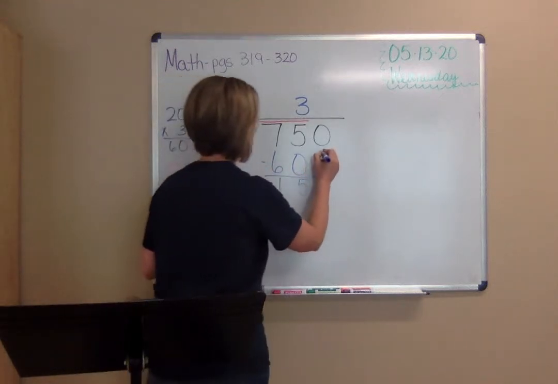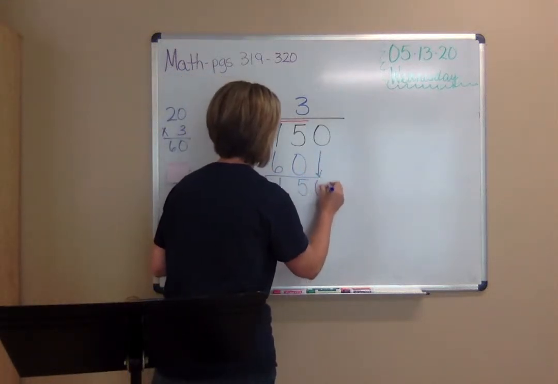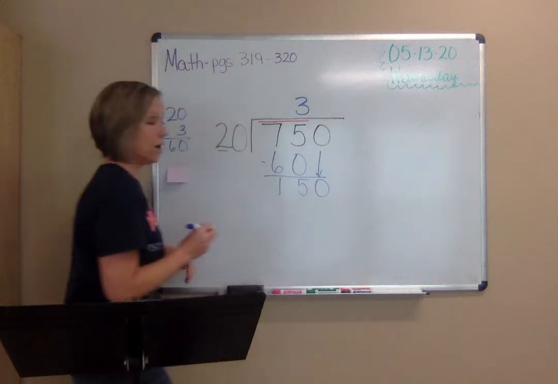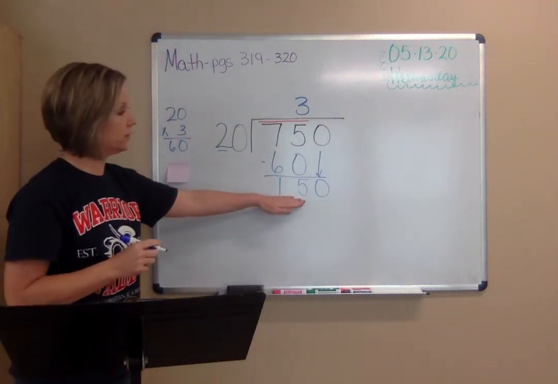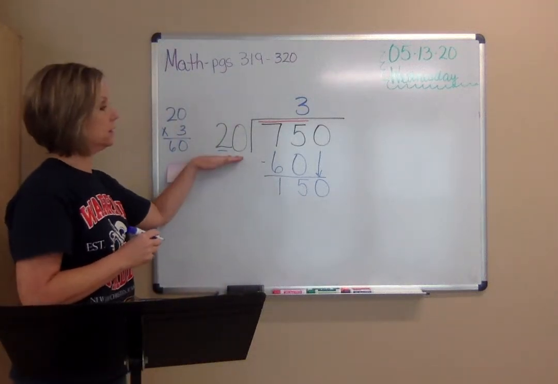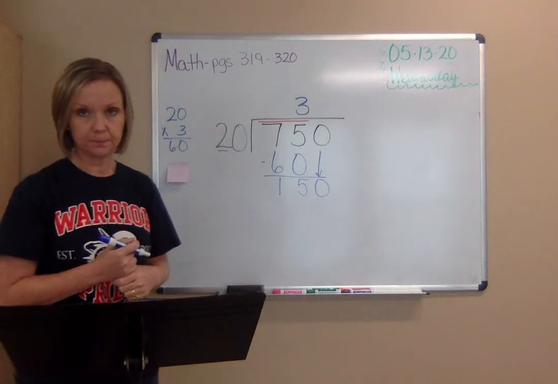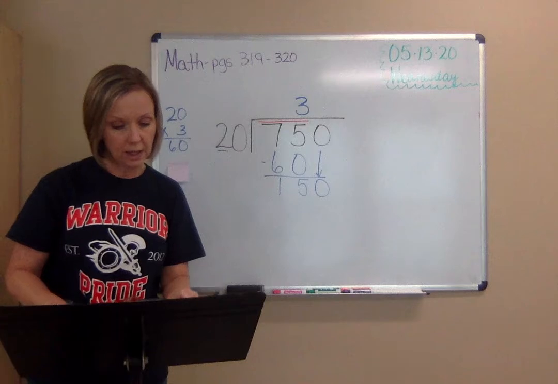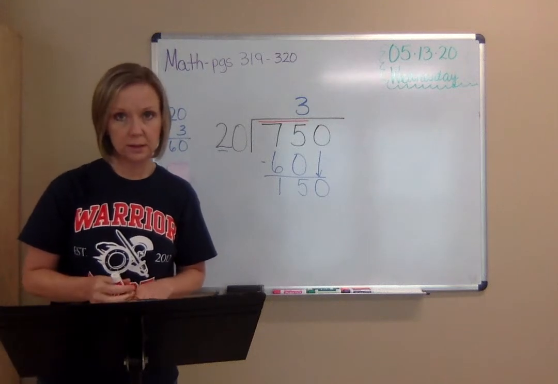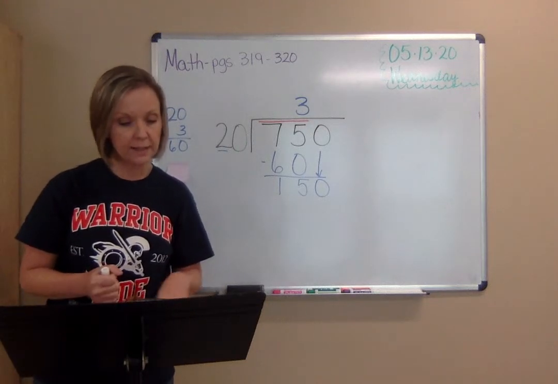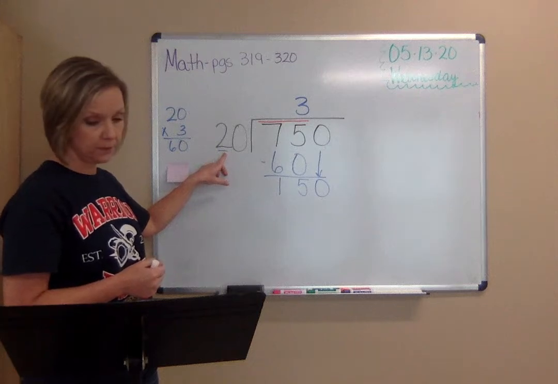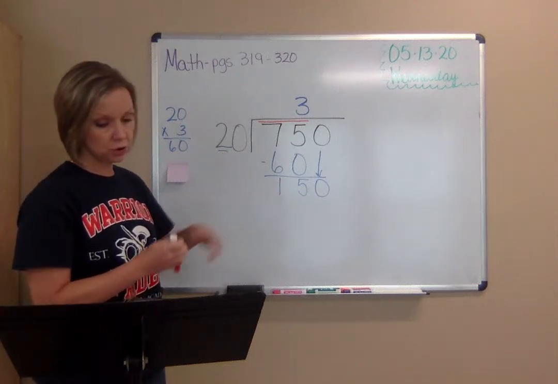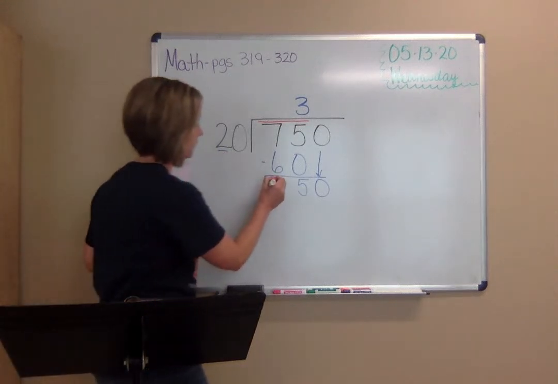Then it says step number 5, today is what we're adding new. So we're going to bring down this 0. Now we're going to have 150 divided by 20. Now this is where it gets a little bit different. If you look at step number 6, it says divide 2 into the first two numbers of 15.